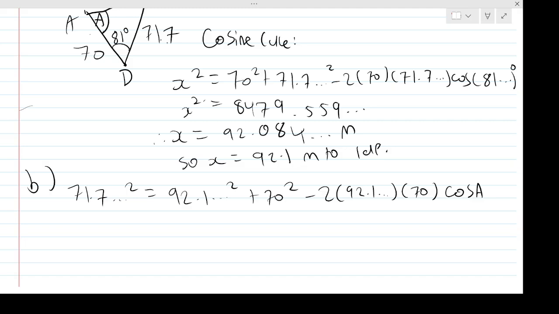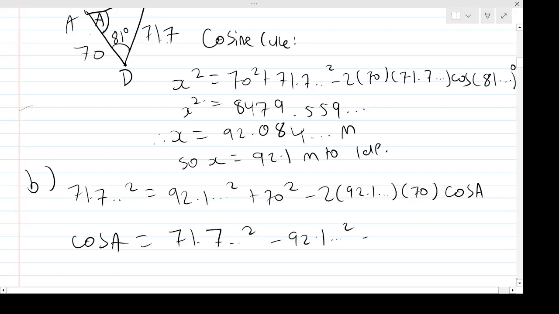So let's rearrange here before we get any more nasty decimals. So cos A is going to equal this 71.7 squared, take away the next two numbers here, and then divide by minus 2 lots of 92.1.